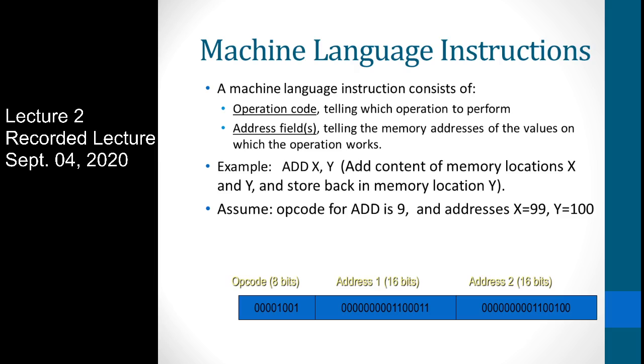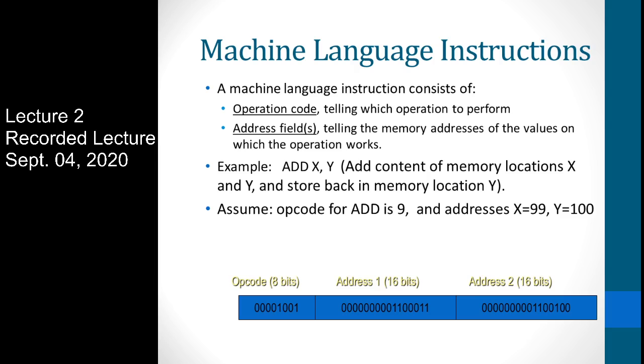So, we have opcode. Ang ibig sabihin ng opcode is ano yung task na ipe-perform. Diba? Ano yung instruction na ipe-perform. And then, yung namang address 1 at address 2, yun yung data na i-execute.